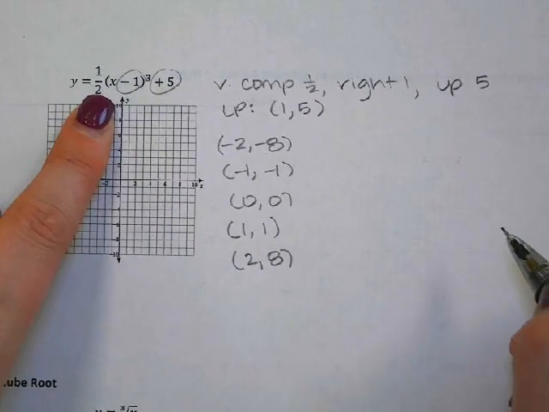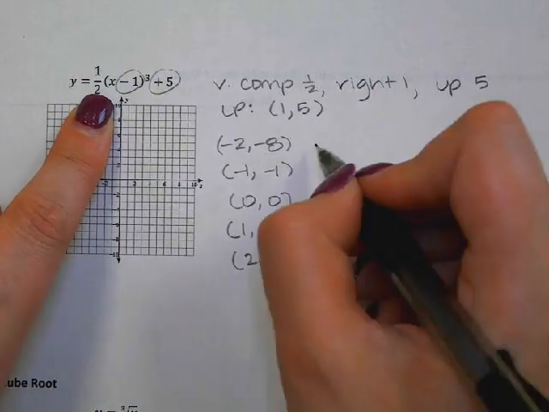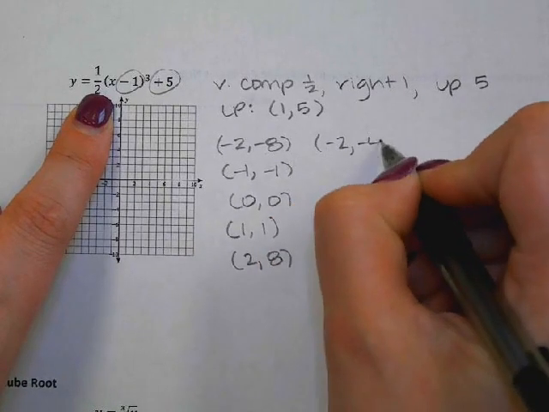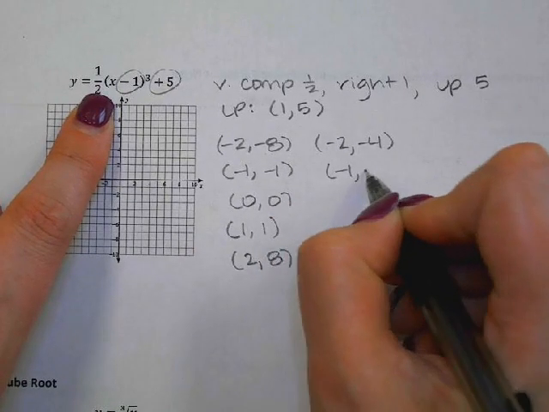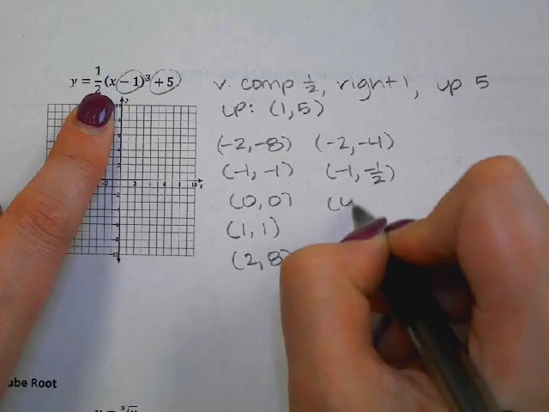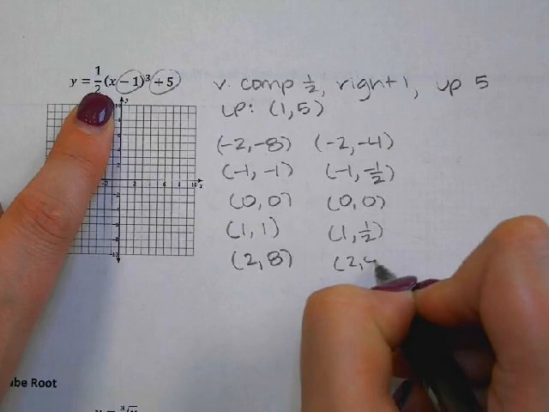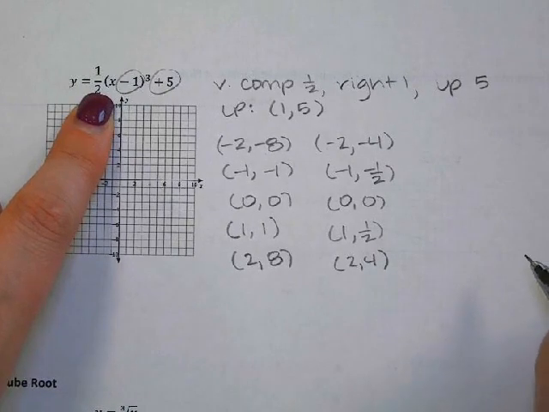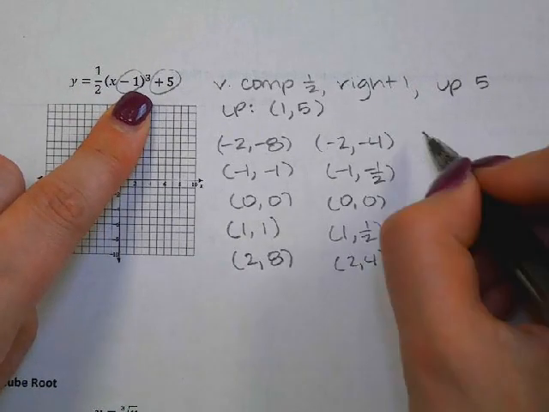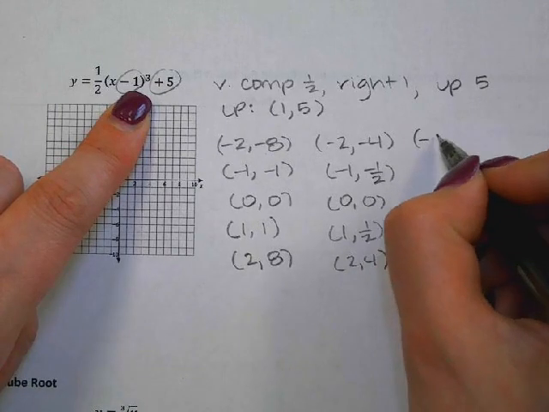So I have that vertical compression of 1/2, so I'm going to multiply the y coordinate by half. And then we're shifting to the right 1, so I'm going to add 1 to the x coordinate.